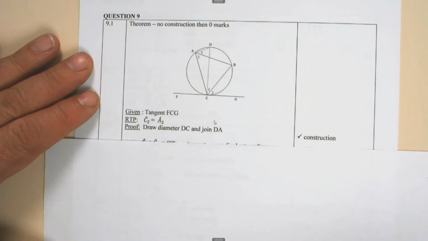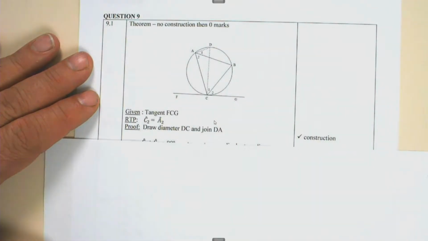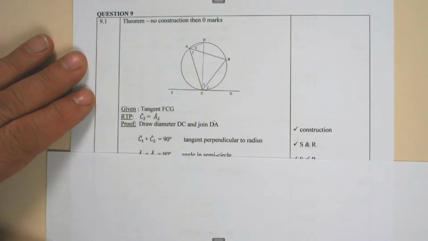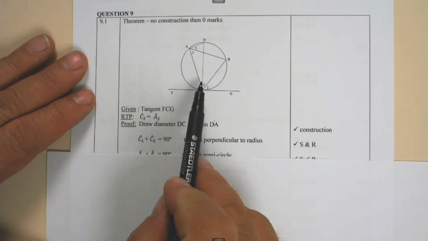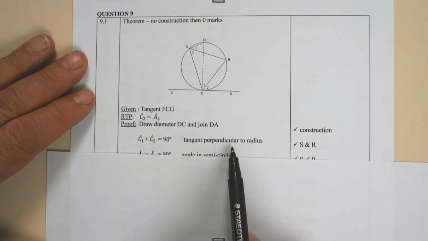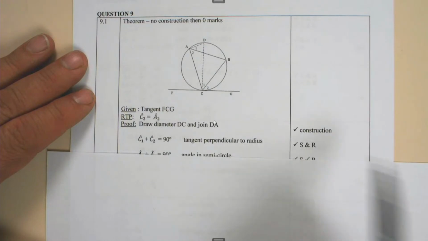The proof is: draw diameter DC and join DA. 1 mark for that construction. Now we can say that C1 plus C2 is 90 degrees, because the tangent is perpendicular to the radius. 1 mark for that statement and the reason.